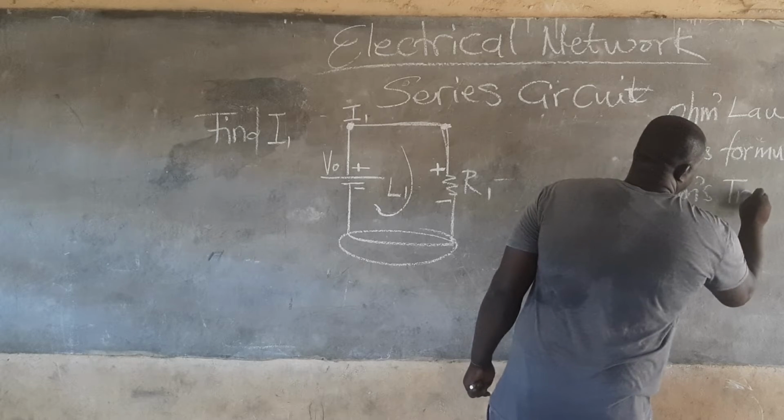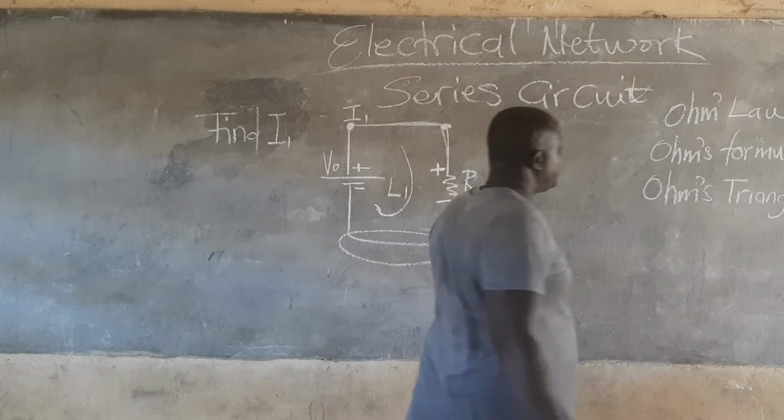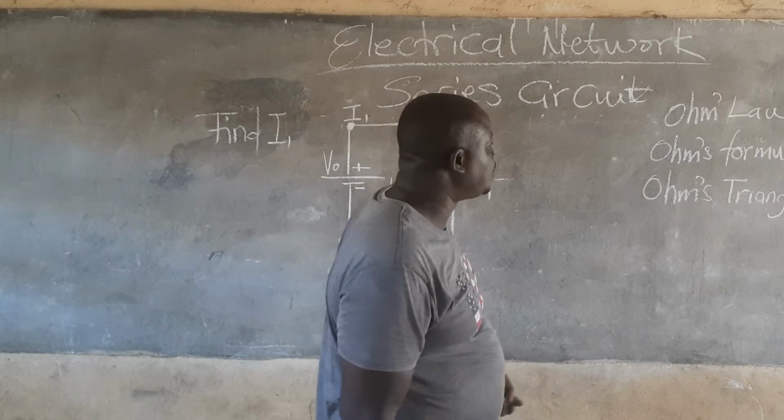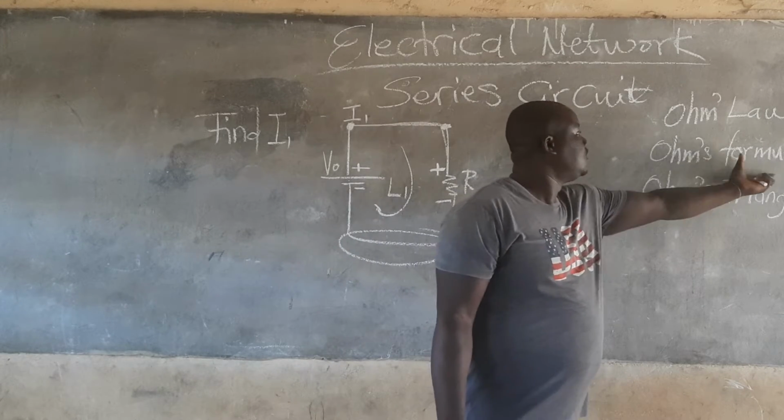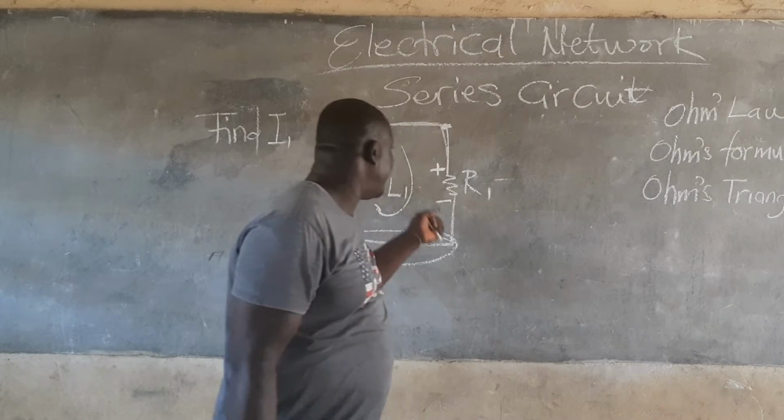I'll show you how to use Ohm's triangle to find the Ohm's formula after I finish finding the current in this resistance.